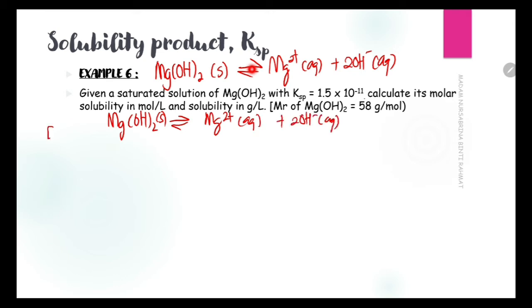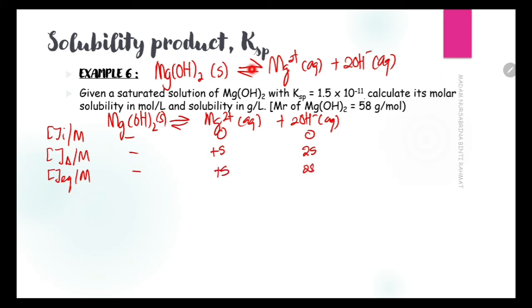Initial concentration in molar is 0 for both ions. Changes are in terms of S. 1 mole of Mg2+ means plus S, but 2 moles of hydroxide ion means 2S. Then equilibrium is plus S and 2S as well.